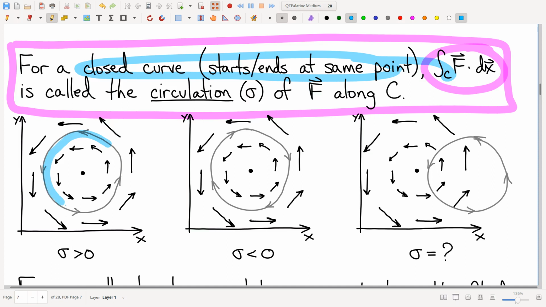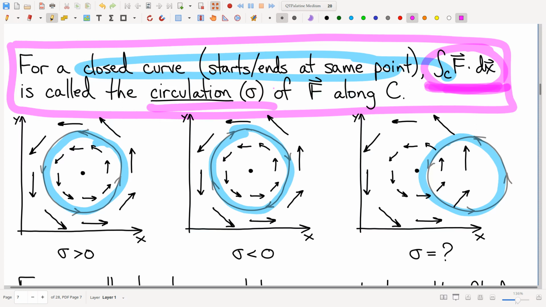Here's some closed curves. Starting and ending at the same point. In this scenario where you're talking about a vector line integral around a closed curve, we refer to the vector line integral as being a circulation.